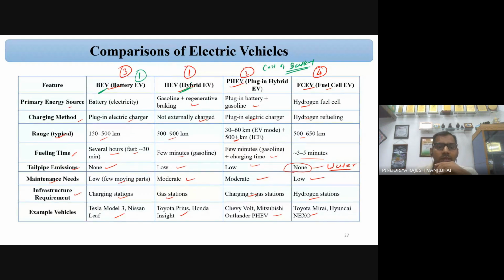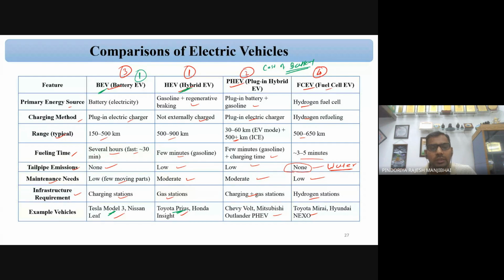I will take the technical data of the Tesla Model 3 and the Toyota. What is the price of the Tesla Model 3, a totally battery operated vehicle, and then I will take the price for the hybrid electric vehicle, the Toyota Prius, correct? And then we will see.